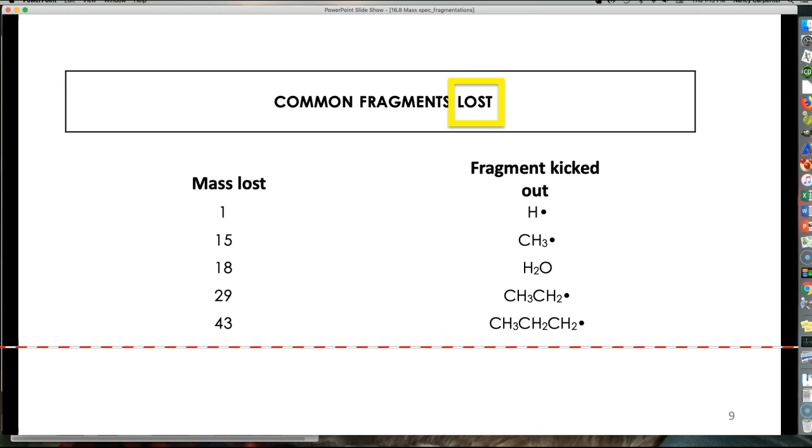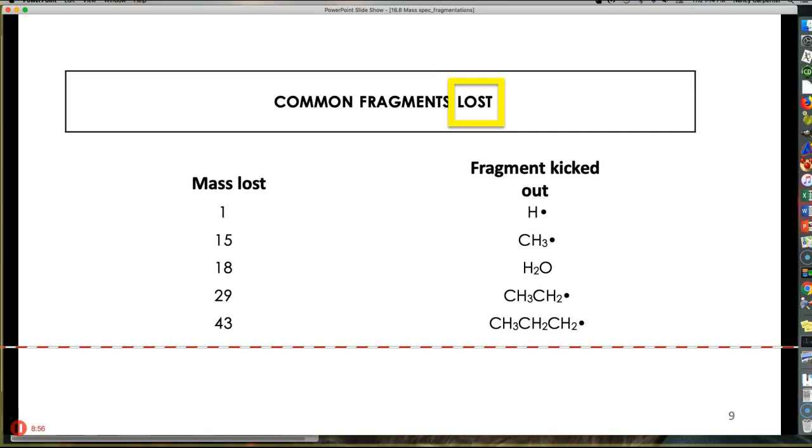So, point number one. What is lost is often just as informative as what is left behind and detected. So if I can find my molecular ion and I see that there's another peak at M-1, then that implies I kicked out a hydrogen atom.